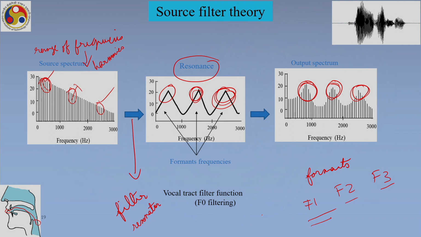So if F1 is 300 hertz, that is because this frequency matches the frequency that is pushed out, which is coming from the glottal source.